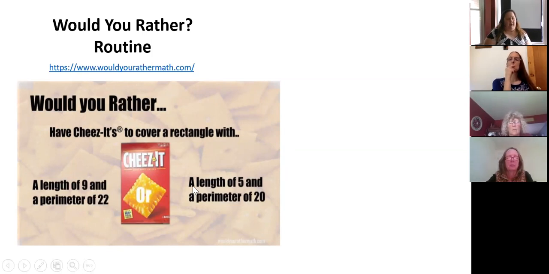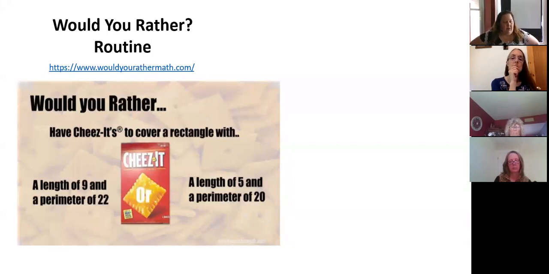And then if we think about this one, a length of 5 and a perimeter of 20. Oops, sorry, got clicking here. The length of 5 and the perimeter of 20, that means that it is a 5 by 5 rectangle.